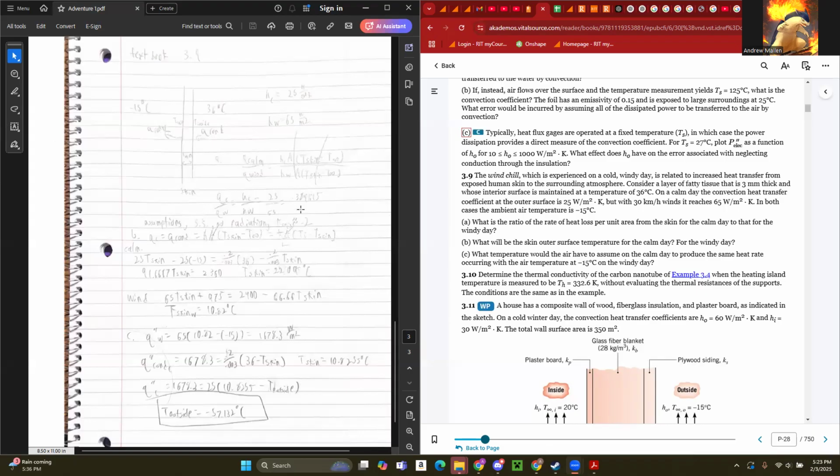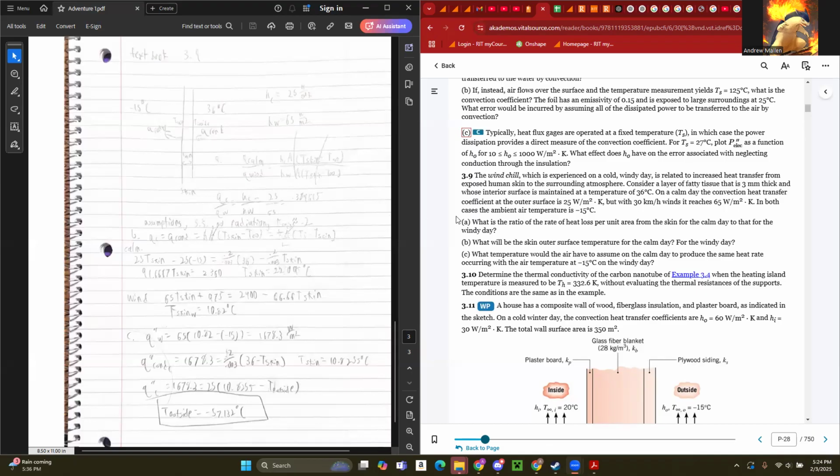So 25 over 65 is about 0.384615. So the heat transfer on a calm day is 0.384615 of the heat transfer on a windy day.